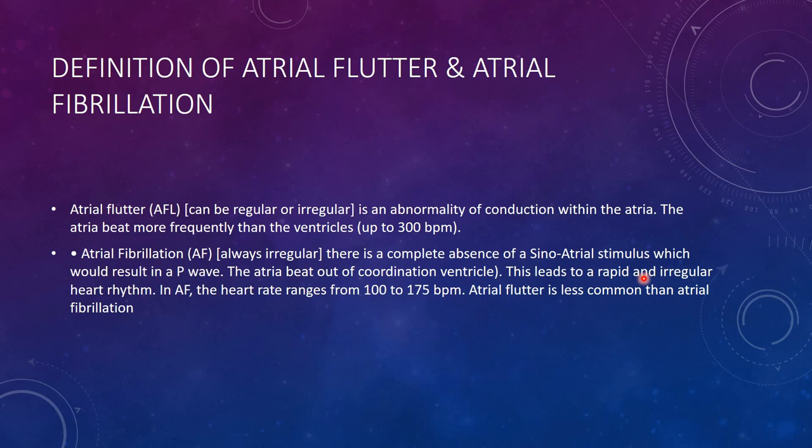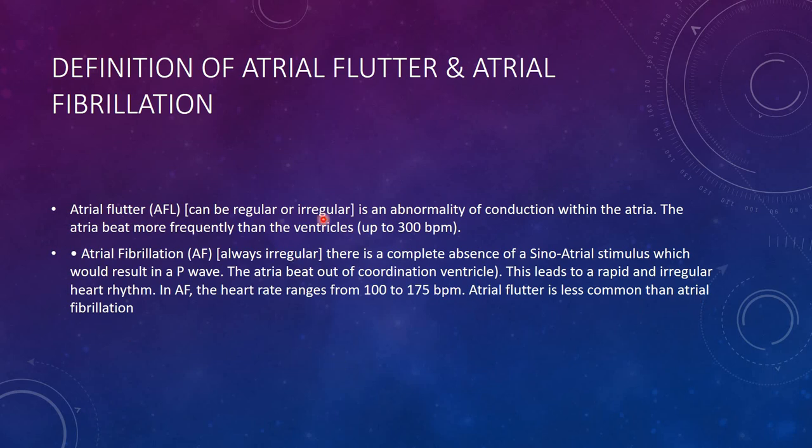This leads to a rapid and irregular heart rhythm. In atrial fibrillation, the heart rate ranges from 100 to 175. Atrial flutter is less common than atrial fibrillation.